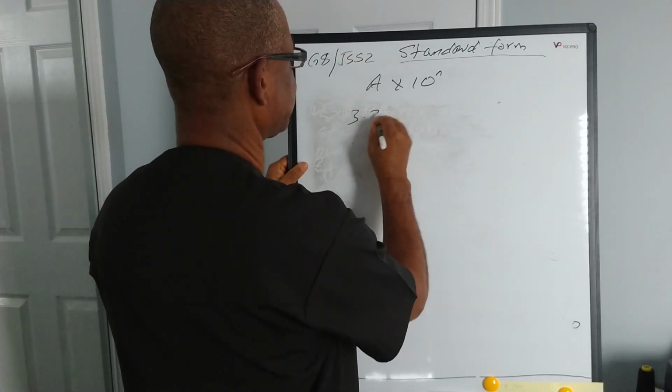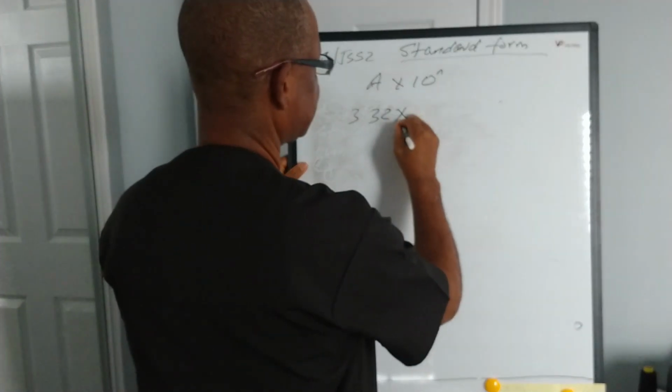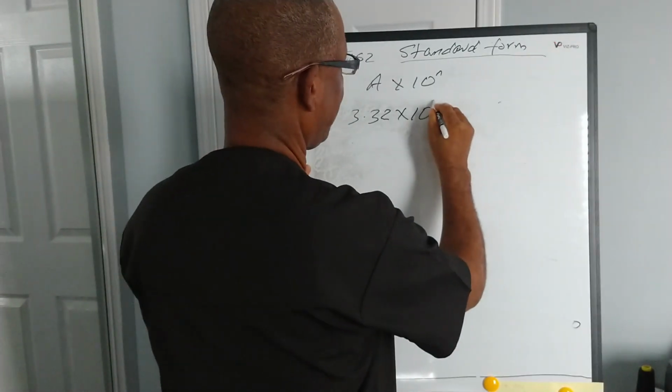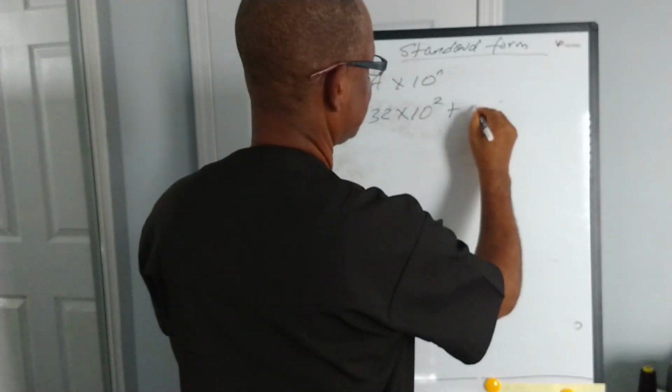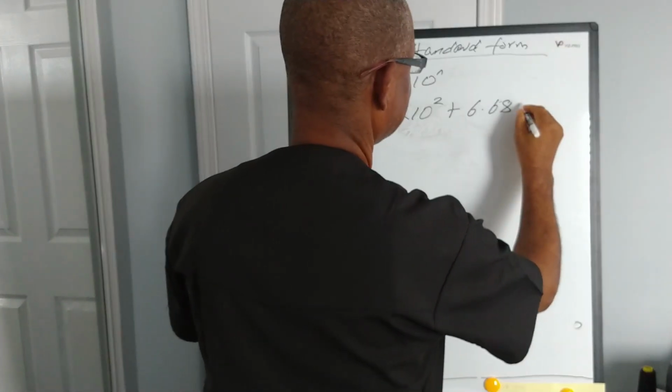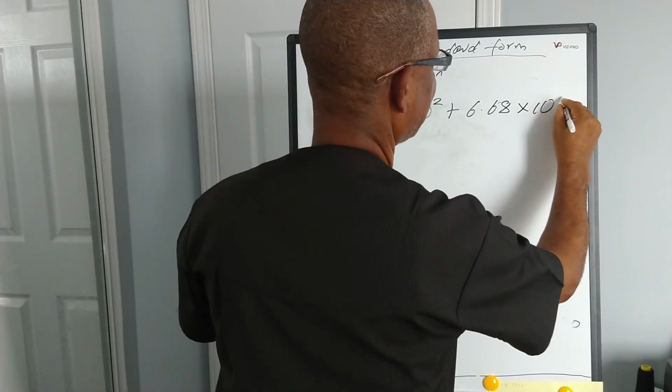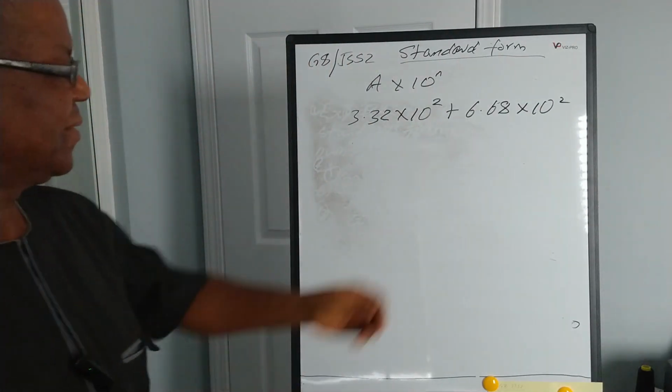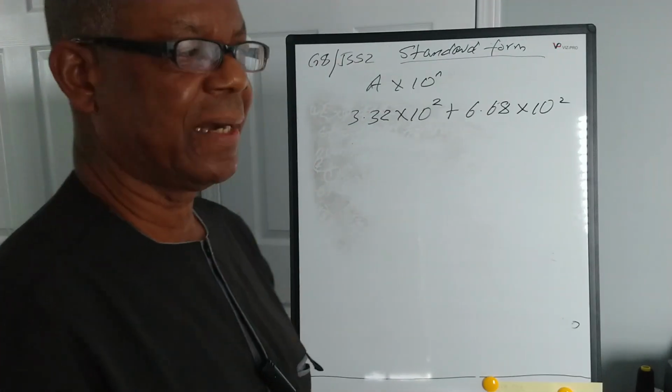We have 3.32 times 10 raised to the power 2 plus 6.68 times 10 raised to the power 2. You can agree with me that it is the same power.